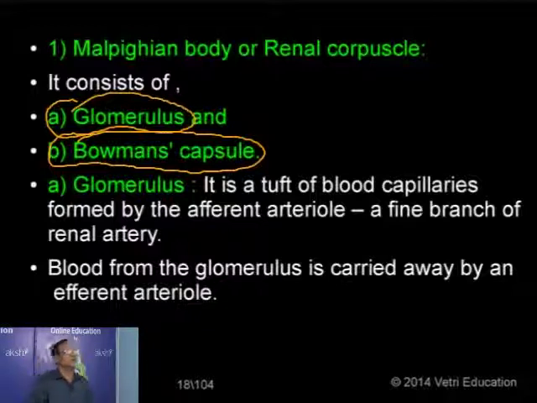See that the afferent arteriole carries blood towards the glomerulus. From the glomerulus, another arteriole carries away the blood. So the artery that enters the glomerulus is called the afferent arteriole. The one leaving the glomerulus, carrying the blood away from it, is called the efferent arteriole.